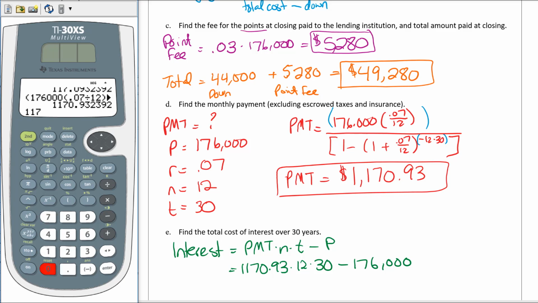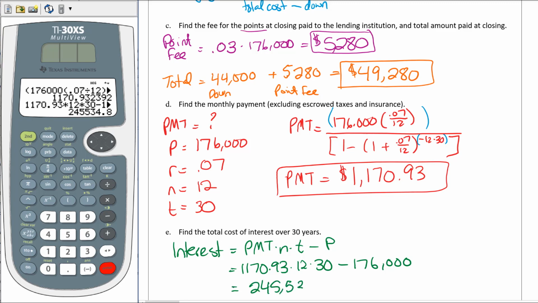So 1170.93 times 12 times 30 minus 176,000. Oh, that was one too many zeros. So there we go. That is going to get me $245,538.80 worth in interest.